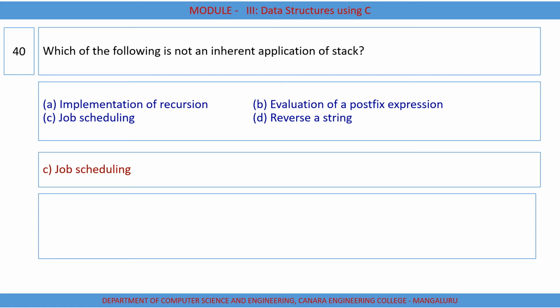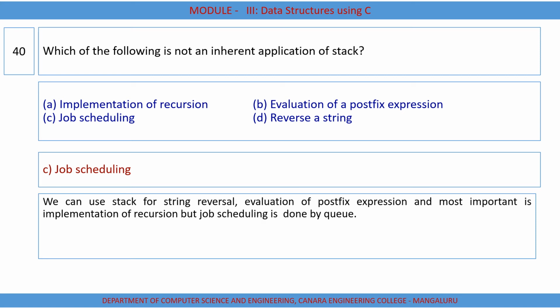So the answer is job scheduling. Job scheduling is not an inherent application of stack. We can use stack for string reversal, evaluation of postfix expression, and most importantly implementation of recursion, but job scheduling is done by queue.